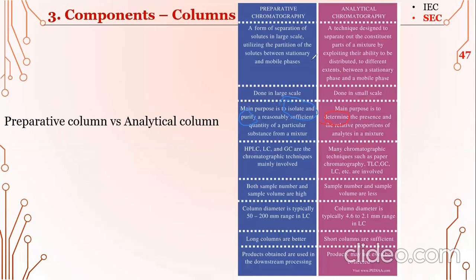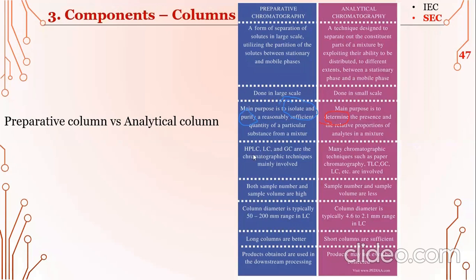So what's the difference now? Here we need to isolate and purify the components of a mixture, but here we don't have to isolate, we only need to determine, to identify which component is there in a mixture.